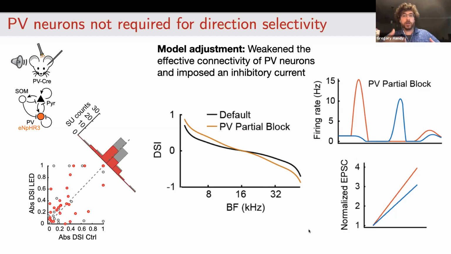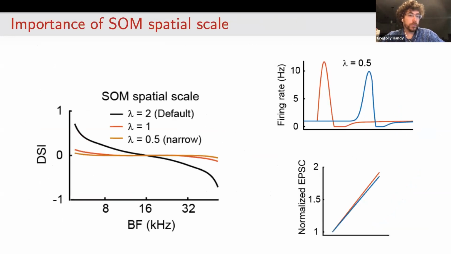Now, a thing that we can do that experimentalists can't do is ask, okay, what makes some cells primed to do this? Why are they the key component in this direction selectivity? Well, one thing we can do is change their spatial scale.